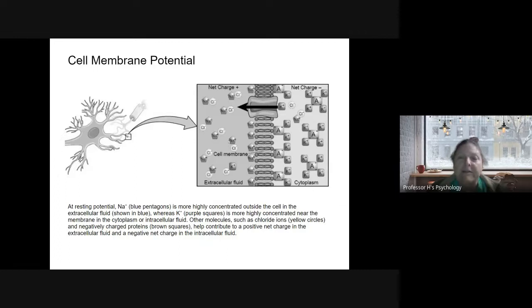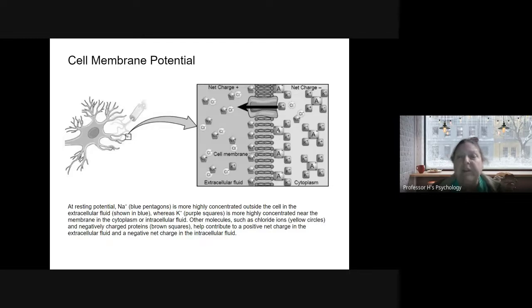On the outside here, we see that along the edges of the cell, we have a bunch of positively charged sodium ions kind of lined up along the edge of this cell, along our membrane. On the inside, you see these giant negatively charged ions alongside the inside of the membrane.